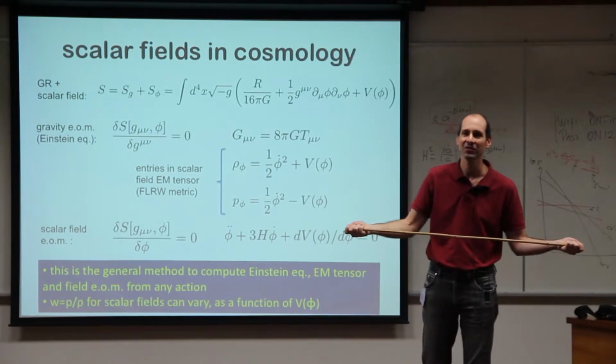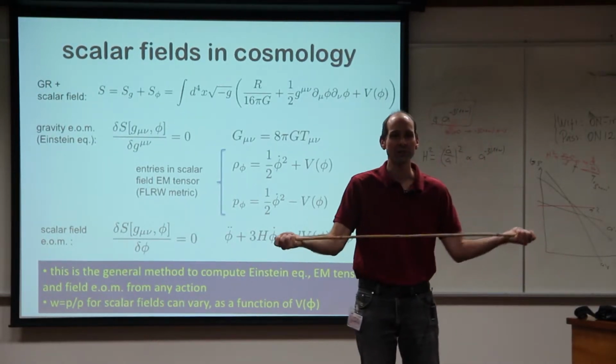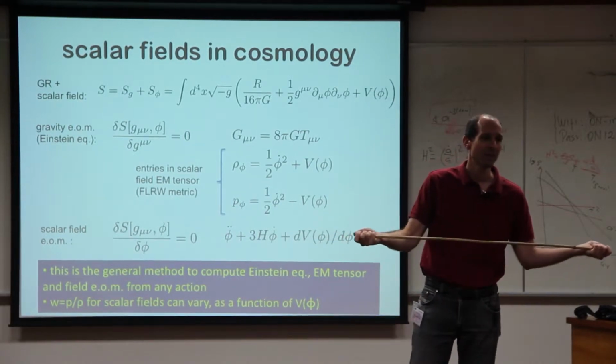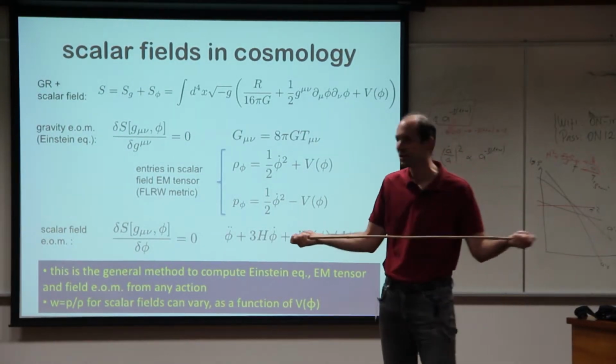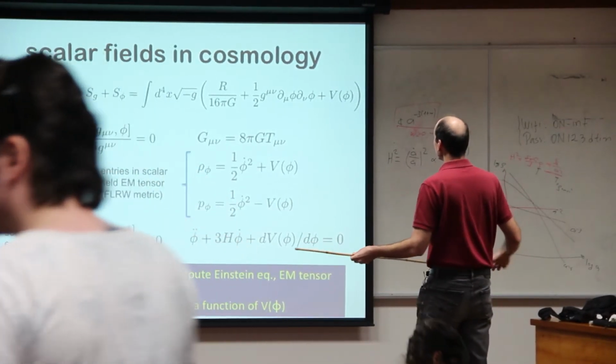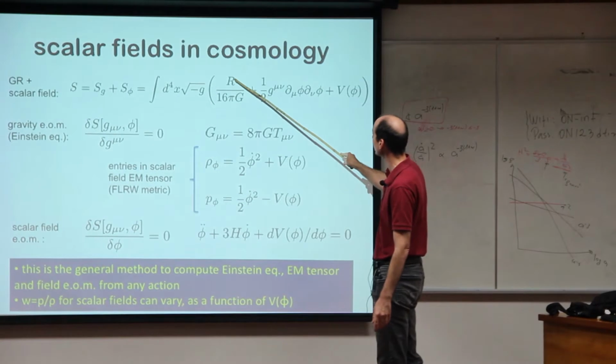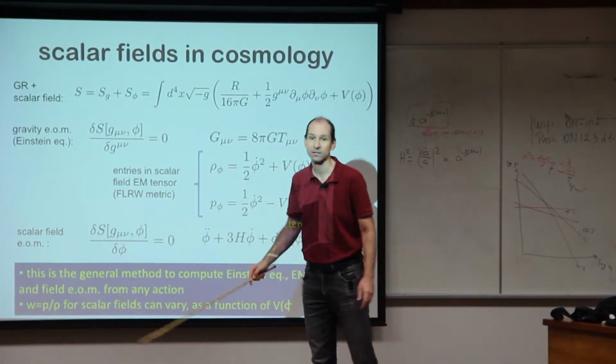Okay. And then if you have an action, what can you do then? Well, it's on the slide, but just generally, you can calculate equations of motion. And you calculate an equation of motion by doing a variation with respect to the dynamical degrees of freedom. And so what are the dynamical degrees of freedom? Well, for the scalar field, it's the field, phi, and for gravity, it is the metric.